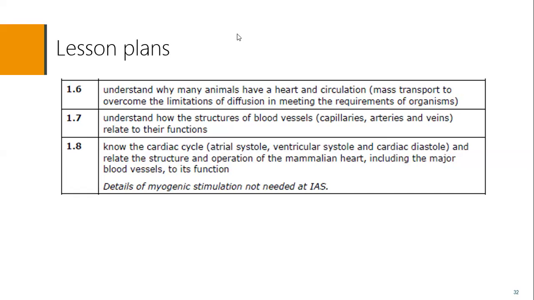Standard deviation would be in the second part in IA2. But yes, they do need to be aware of how to carry out those calculations. They would be given the formula, but they need to know what information they need to put into that formula in order to carry out the calculation.